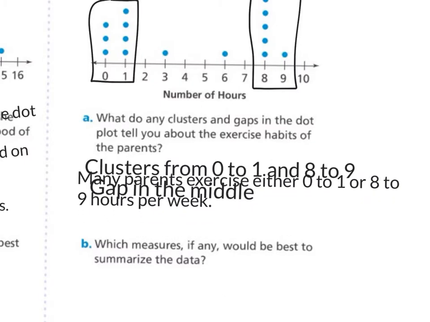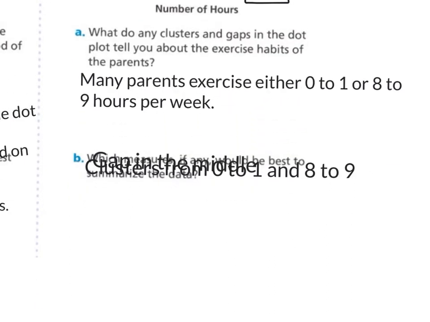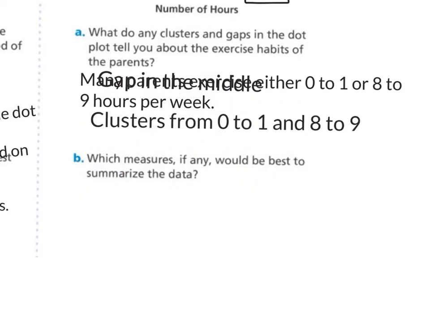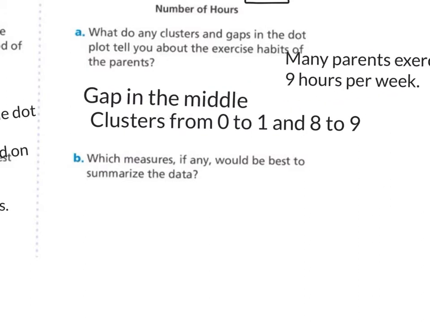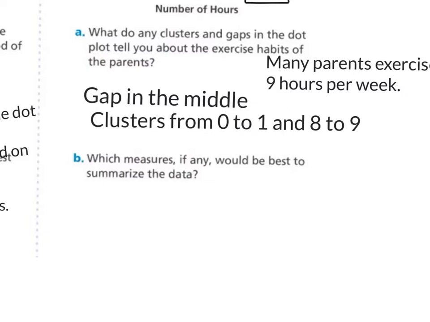So for part B, they want us to tell which measures, if any, would be best to summarize the data. There's a couple routes we could take here. One route, what the book says, is that they say none because there are no data in the center.